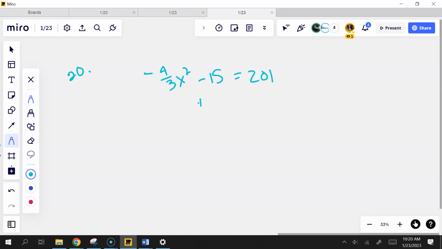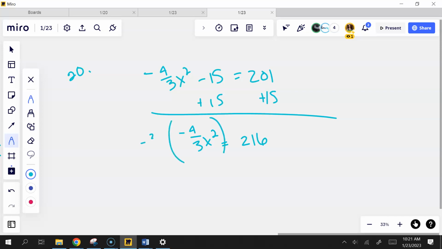Plus 15. -4/3 x squared equals 216. What now? Multiply by the reciprocal. That's exactly right. I'm going to multiply by negative 3/4. So x squared equals, what does that give you?